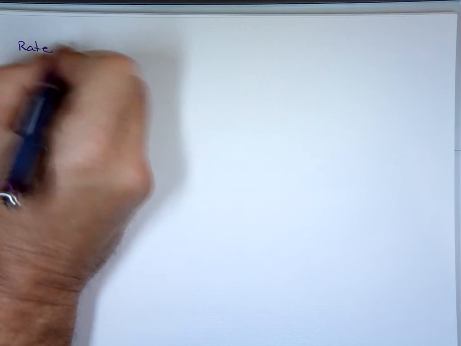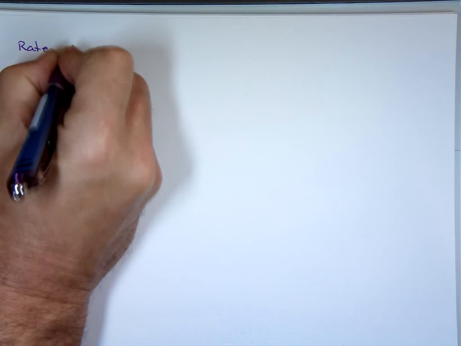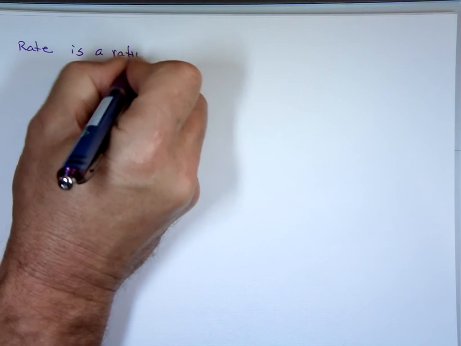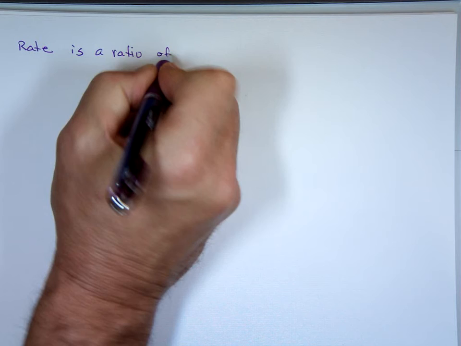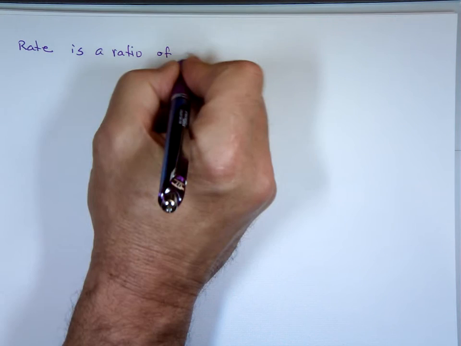A rate is a ratio, still a ratio, of usually different types, unlike quantities.